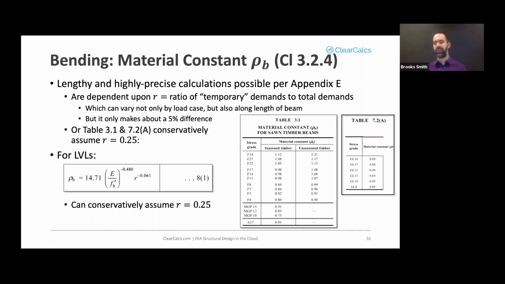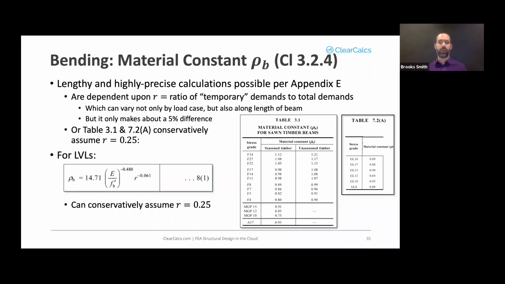That ratio can vary not only by what load case you're considering, but also along the length of the beam. Like if you have a concentrated load on the left side of your beam, then the ratio of temporary to total demands might actually vary along the length of the beam. But in total, the worst case difference is about 5%.